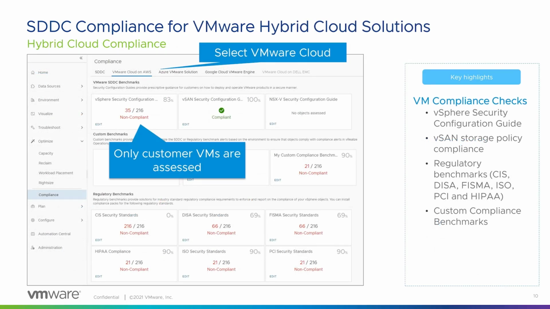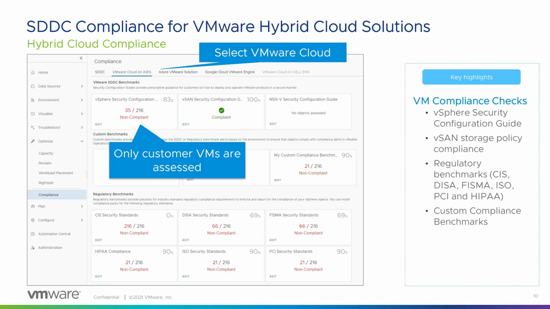The compliance capabilities within vRealize Operations aren't just for the private cloud. They can also be extended to hybrid cloud environments as well, such as VMware Cloud on AWS, Azure VMware Solution, Google Cloud VMware Engine, and VMware Cloud on Dell EMC.